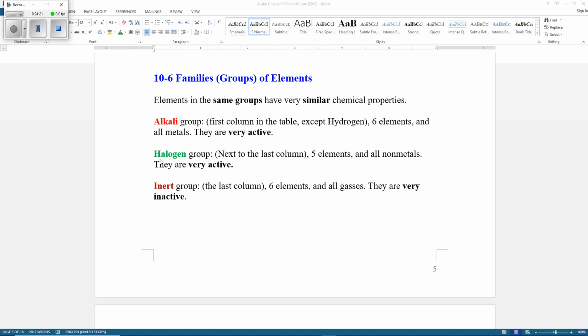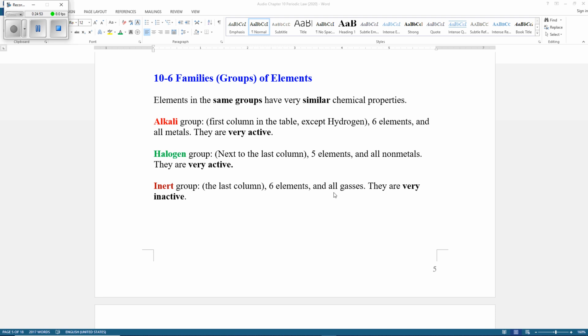Now, the second from the last column, we call halogens. There are 5 elements, and they are all non-metals, and they are very active. They are the most active non-metals. The last one we call noble gases, or the inert group. There are 6 elements.